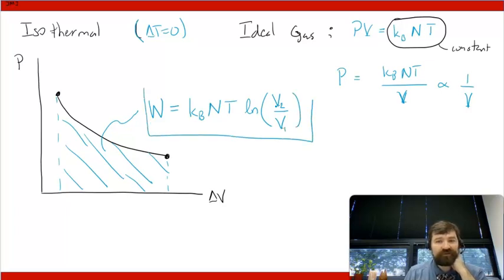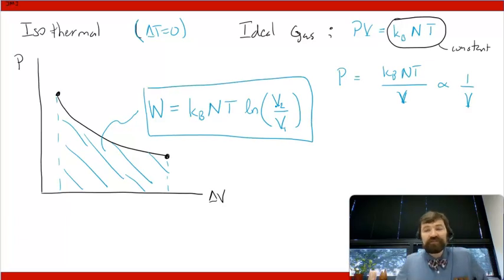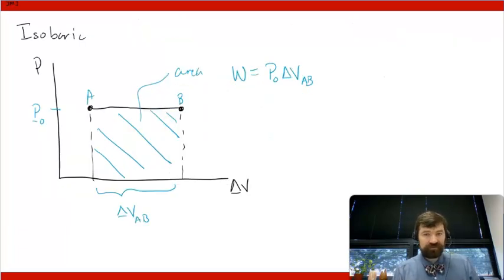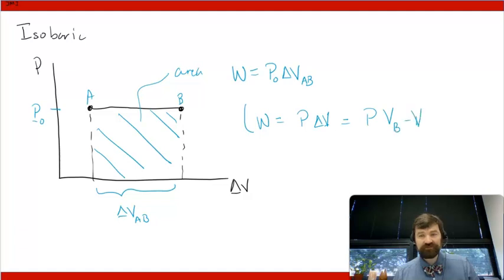So that one is a different looking equation than the one we had with the constant pressure. That one was just a simple linear equation that says work is P times delta V, or in other words, P times V_B minus V_A.